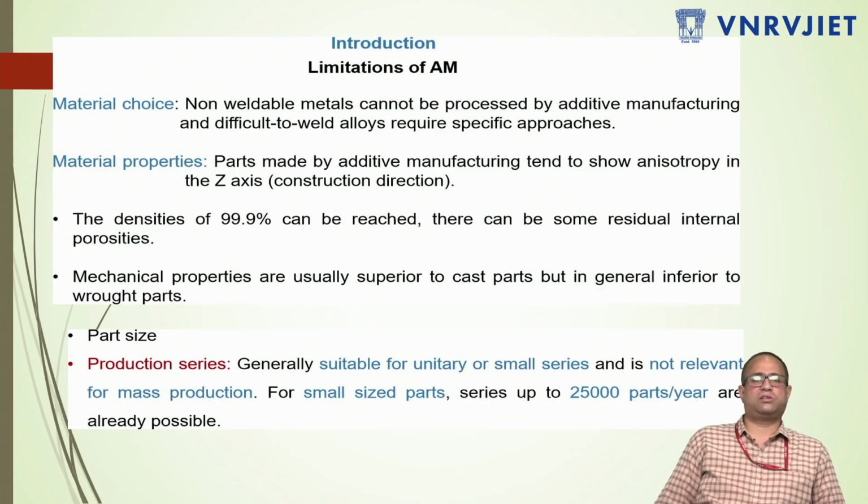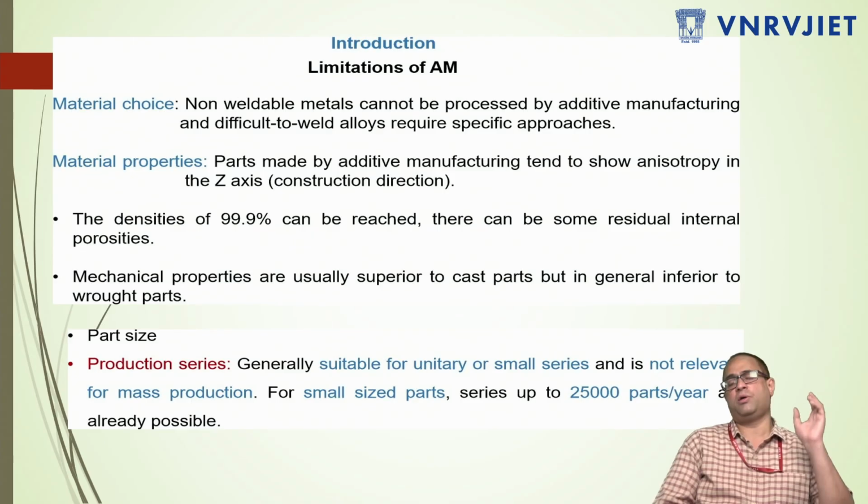Coming to the limitations, for every procedure you are going to have some limitations, because each and every material and process can't be suited to all other materials. Material choice is quite an important task, especially non-weldable metals cannot be processed, and recent technology work is being done here from an R&D point of view.